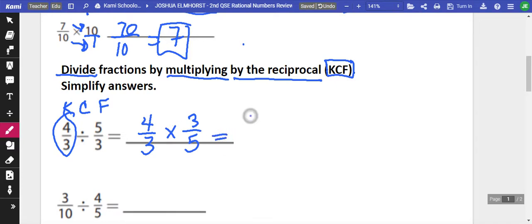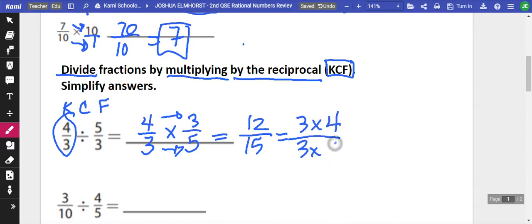So 4 times 3 is 12, and then 3 times 5 is 15. So we got 3 times 4 is 12, and then 3 times 5 is 15. Take out the factor of 3, and you're left with 4/5.